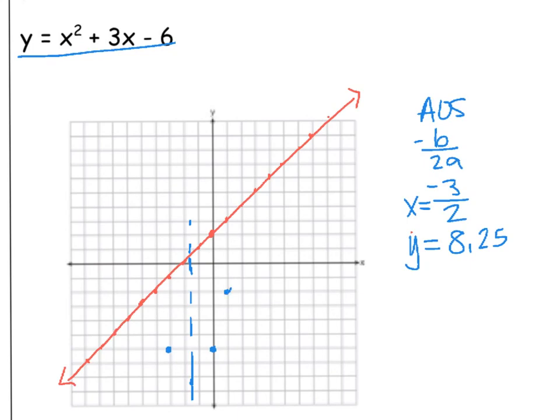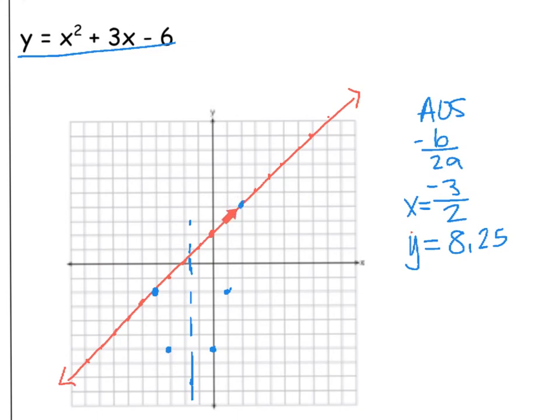And again, since my axis of symmetry has points that are equidistant, there is my other one. Then I'm going to plug in the point 2. So 2 squared is 4, plus 3 times 2 is 6, and 4 plus 6 is 10, and 10 minus 6 is 4, and again, using my axis of symmetry.